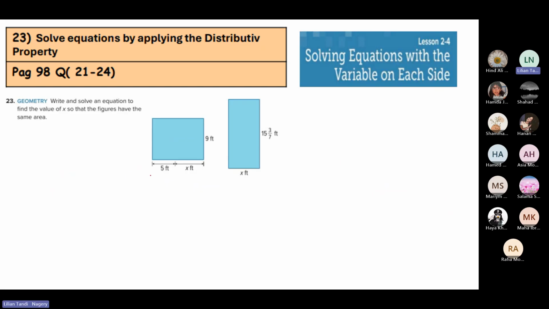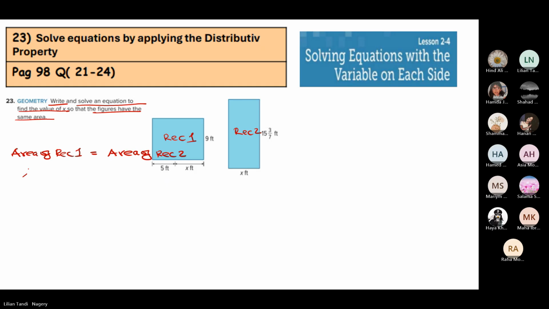All right. We are here. The question says write and solve an equation. Find the value of x. The figures have the same area. So this is rectangle 1 and this is rectangle 2. Both of them are rectangles. So I'm going to write area of rectangle 1 equals area of rectangle 2.